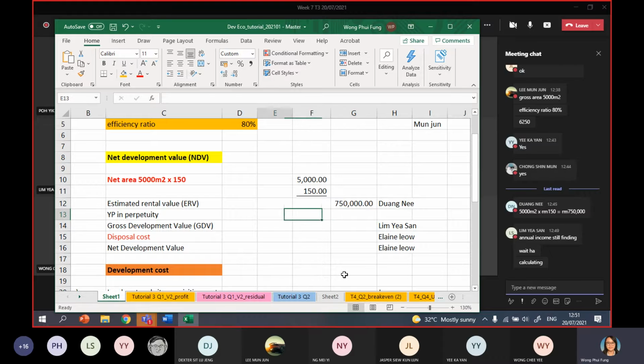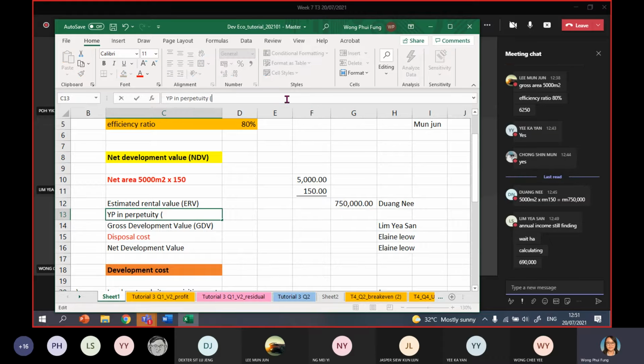Okay, the yield is 8%. You sure or not? Yes, son. Wrong, 8% here. So the YP in perpetuity is you just use 100 divided by 8. That's it. That is the YP in perpetuity.